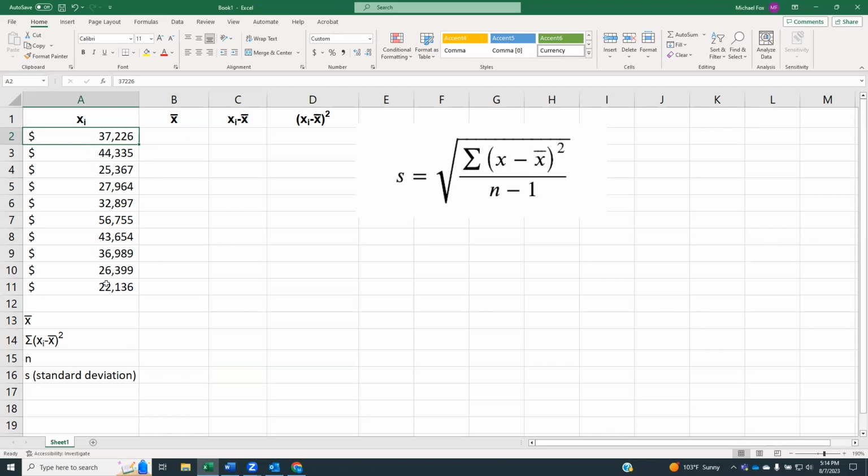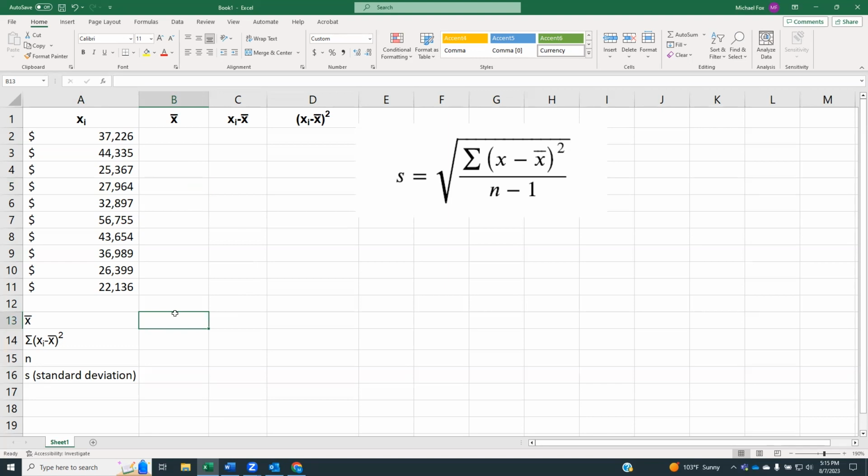So if we just took the average of this sample, and then n means the number of data points in the set. So in this case, it would be 10. I can find that just by highlighting it and looking down here and seeing that my count is 10. All right. So let me just show you how to work this out, and then hopefully this will make it clear what standard deviation really is.